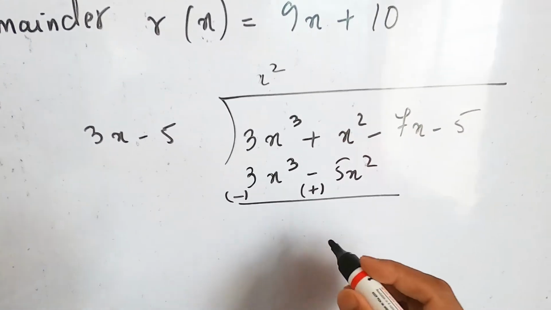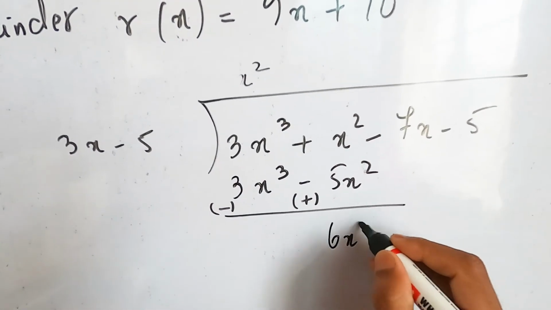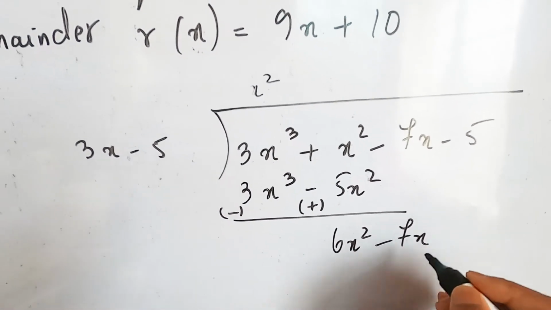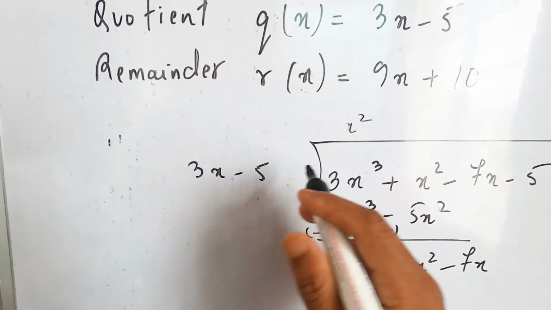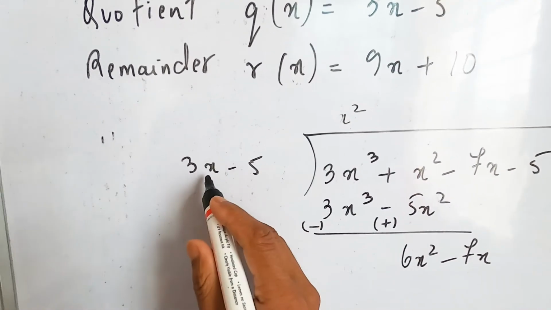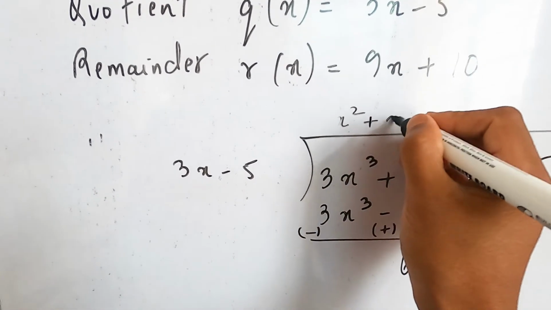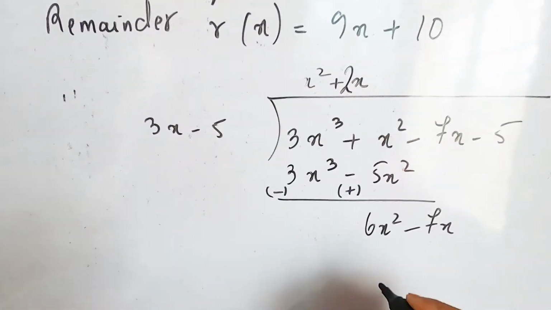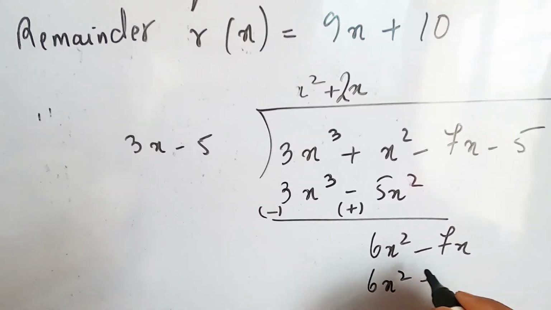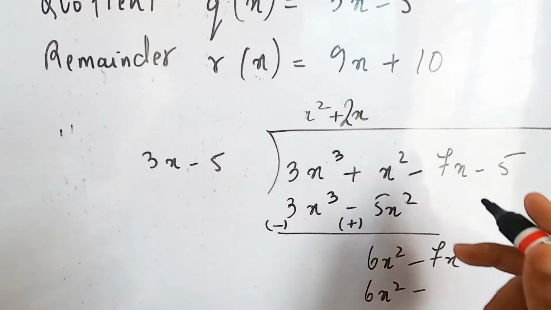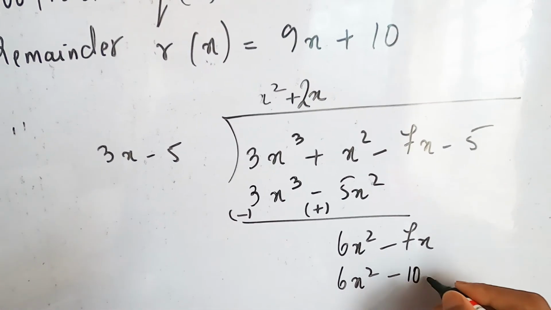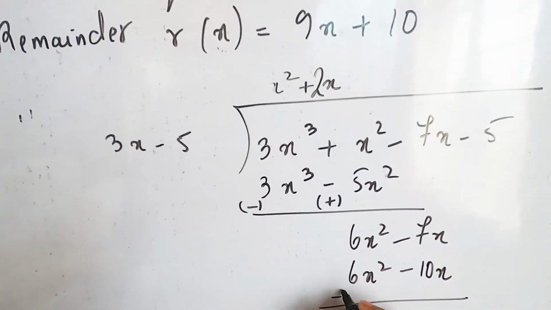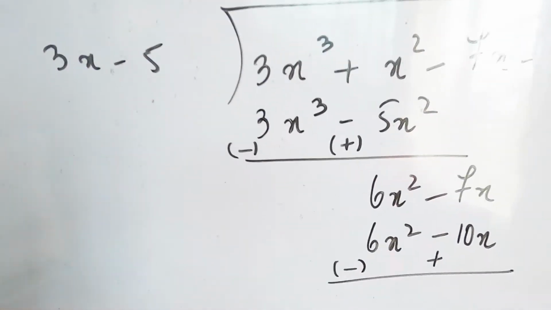So these two will get cancelled. We are left with 6x square minus 7x. So 3x with which term will we get 6x square? 3x into 2x will get 6x square, and minus 5 into 2x will be minus 10x. So this will be minus, this will be plus.